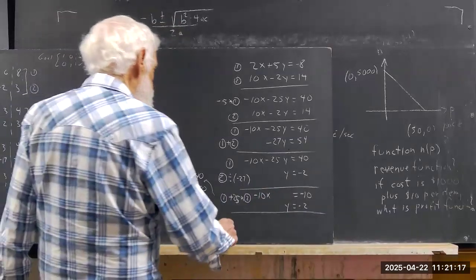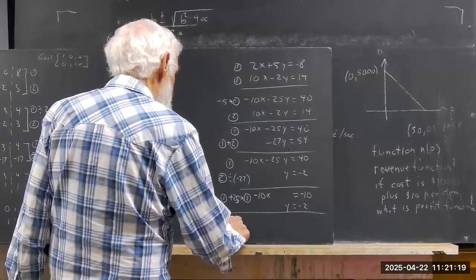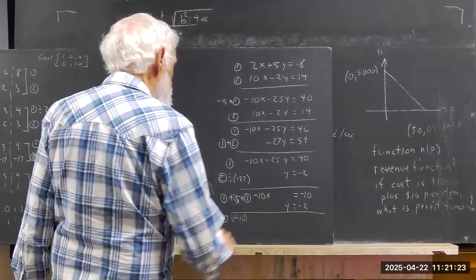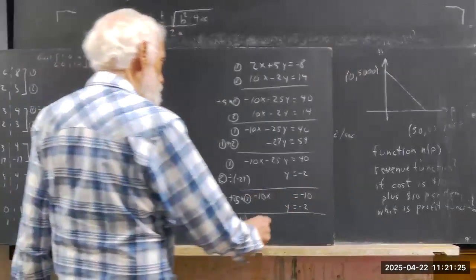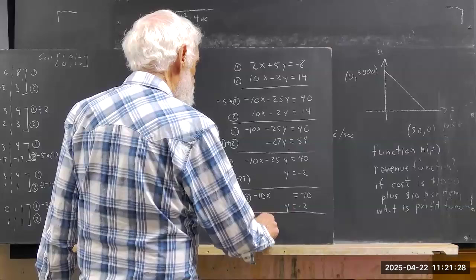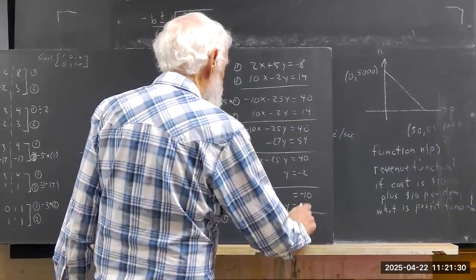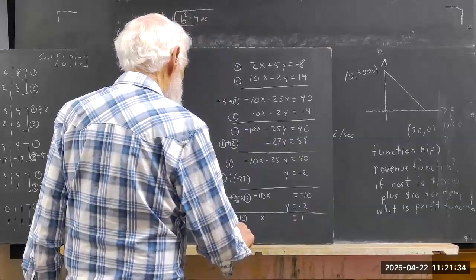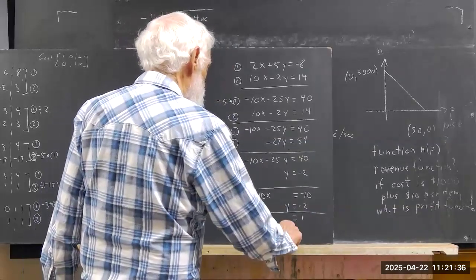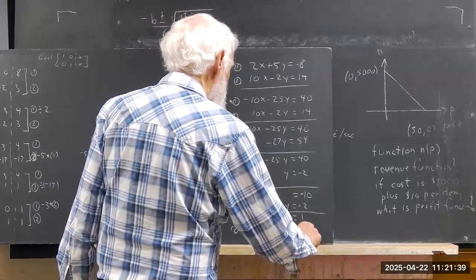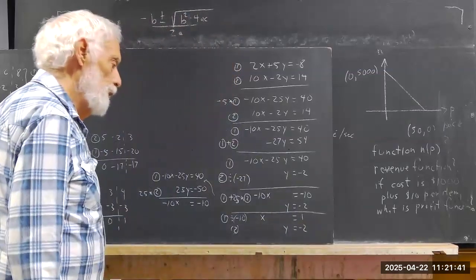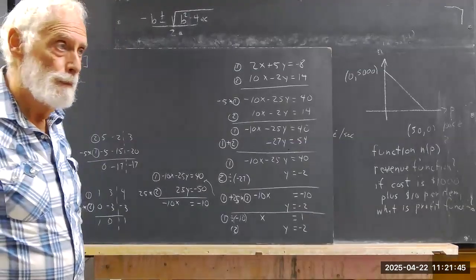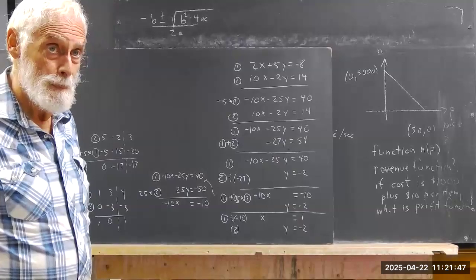Then what do I do? I divide equation 1 by -10. -10x divided by -10 is x. -10 divided by -10 is 1. And I write down equation 2, which gives me y equals -2. Okay?